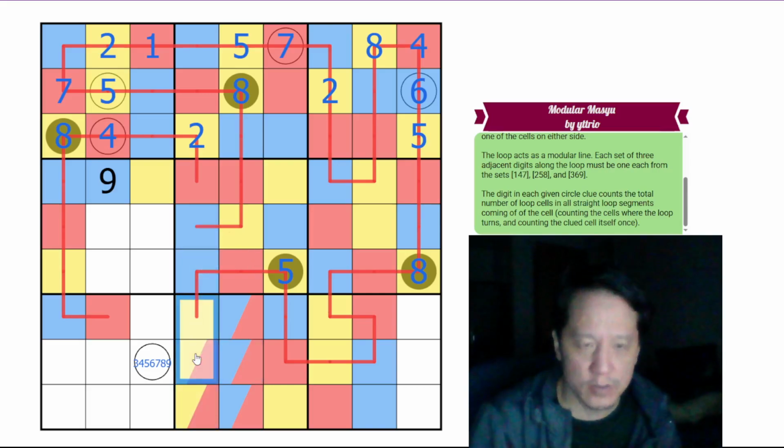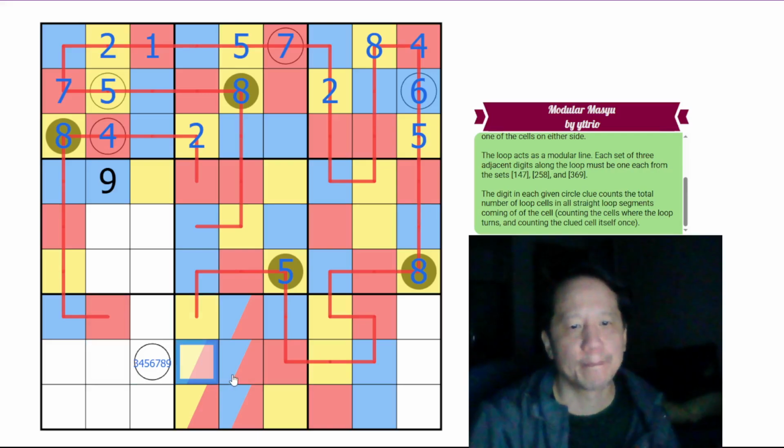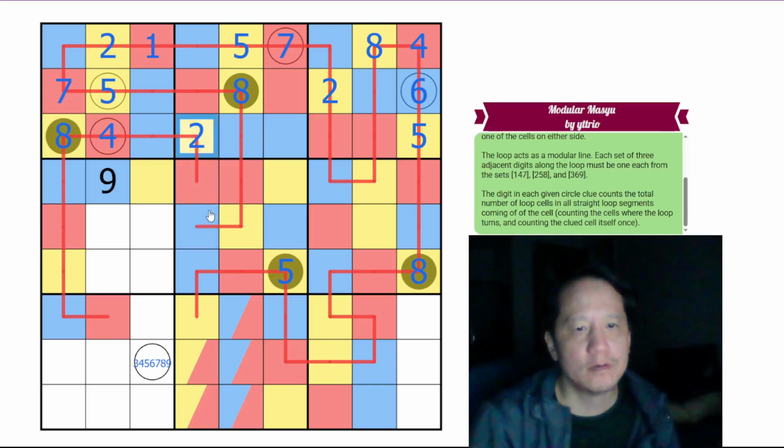So it could go this way and then go through there and then turn. Blue, red, yellow. So if we tried going this way, this would not be blue. So this has to connect there. So that connects there. So again, we have blue, red, yellow repeating, ending with blue and red.